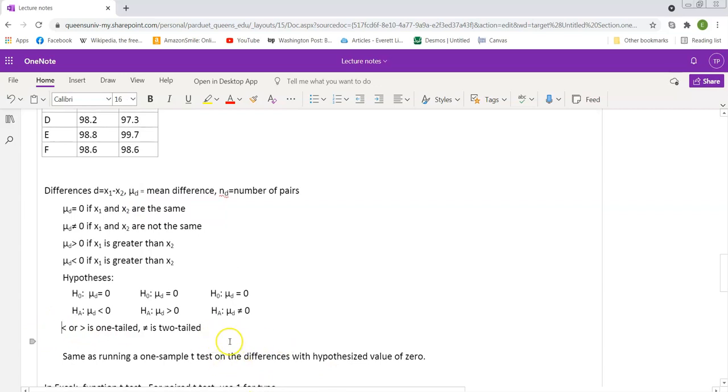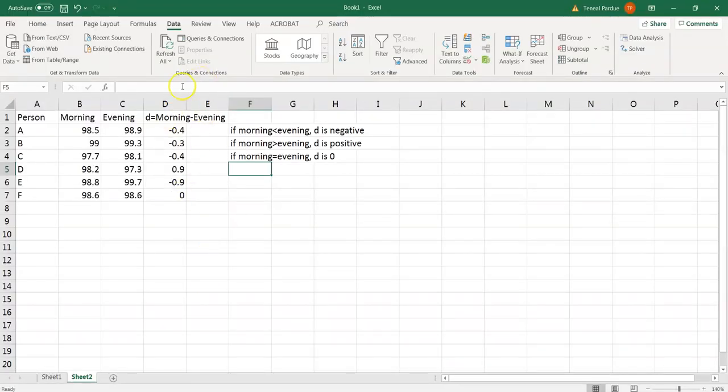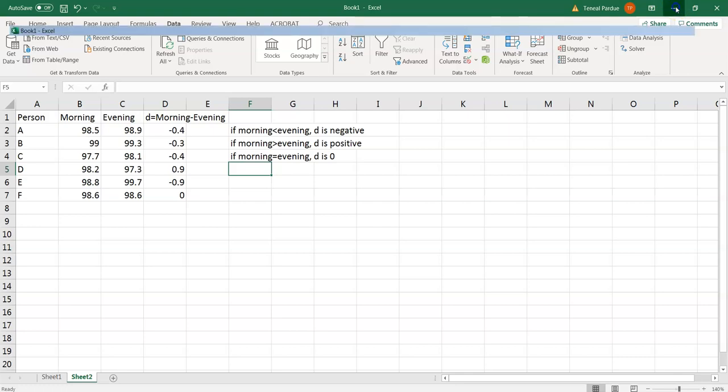So actually, another way you could run the same test, and it would be completely equivalent, is if you were to take these differences and run a one-sample t-test on them, comparing to a hypothesized value of 0. You don't have to do that because Excel already has this built-in function that will do that.